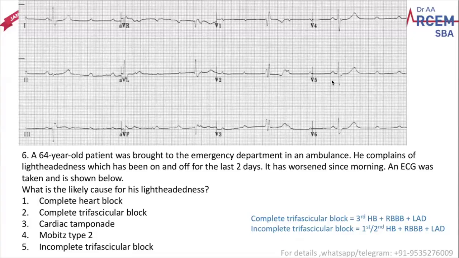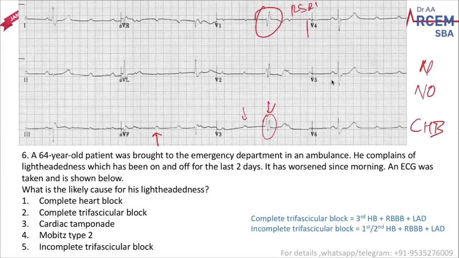So let's break down. This is a very slow, bradycardic ECG. Does every P wave have a QRS complex? No. Does every QRS complex have a P wave? Again, no. So it is a complete heart block. I am seeing an RSR' pattern suggestive of a right bundle branch block.